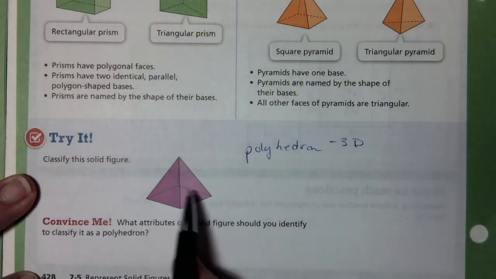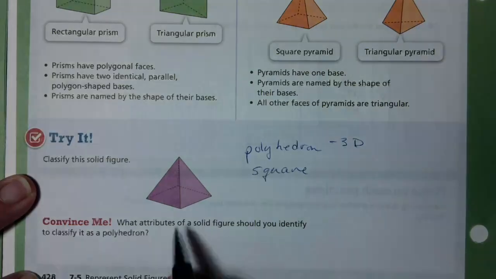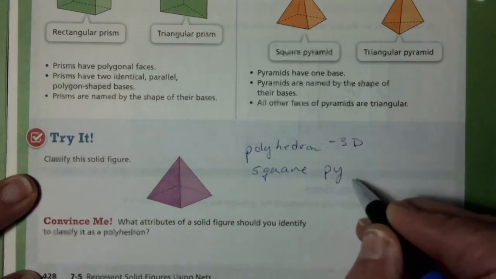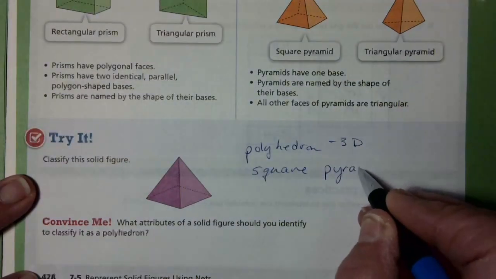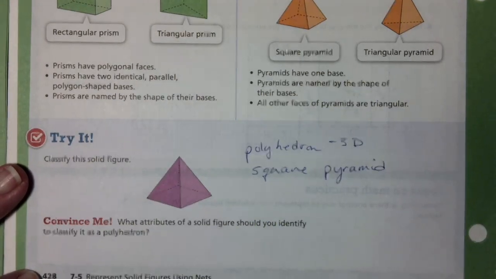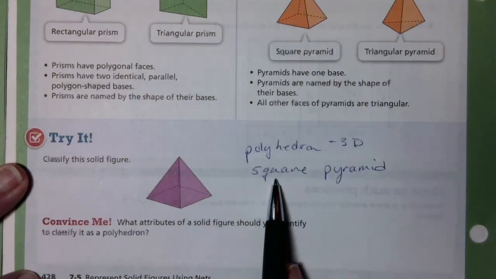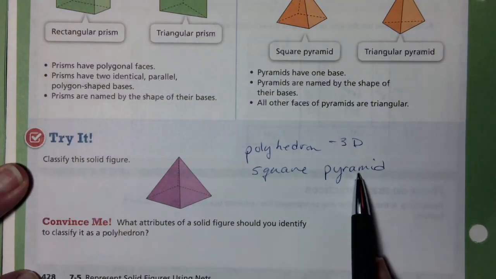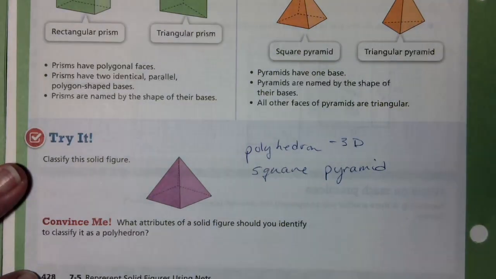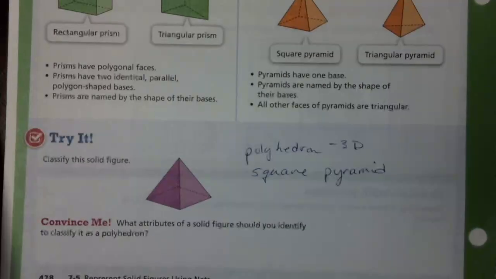Okay, it looks like it's sitting on a square, so it is a square, comes to a point, pyramid. Okay, polyhedron, it's 3D, it's a square pyramid. We say the shape of the base first, then we say whether it's a pyramid or a prism second. All right, look at example 2.